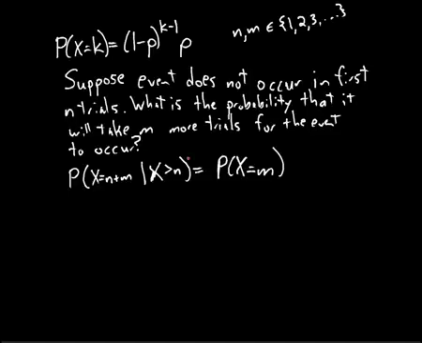If we already know that we've waited n trials, then that doesn't really change anything. The probability that we wait m more trials is the same as the probability that it takes m trials to begin with. The fact that n trials go by without a success does not affect the upcoming trials. So this means the random variable X is memoryless.